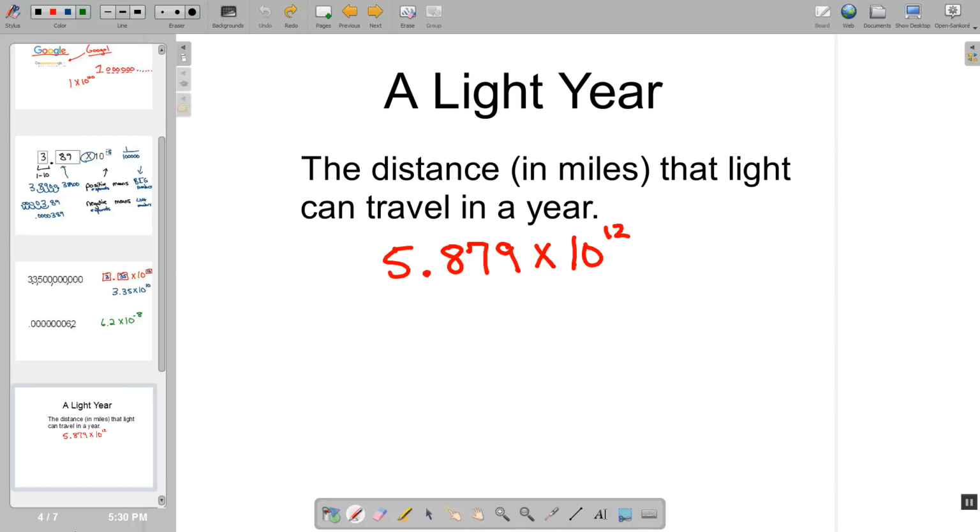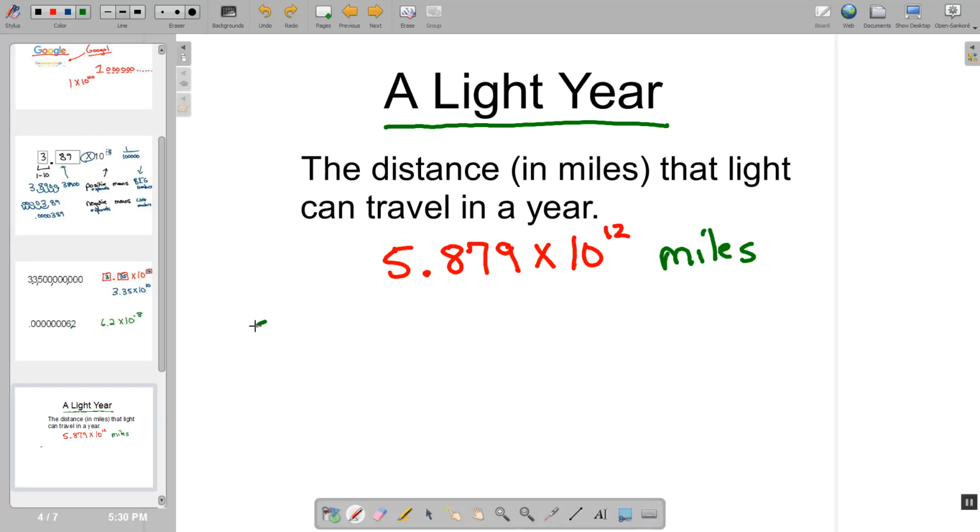Let's do a couple real-world examples of why we're actually going to use scientific notation. One of my favorite topics, obviously, is space. And one of the topics in space is how far can light travel in a year? A light year is actually written by this number, which is 5.879 times 10 to the 12th miles.